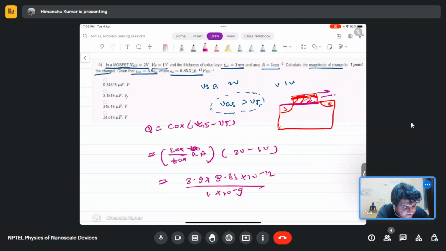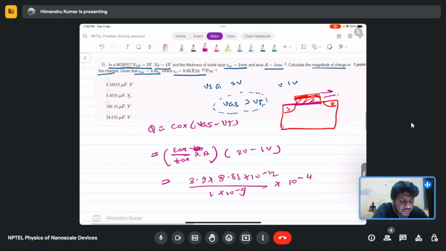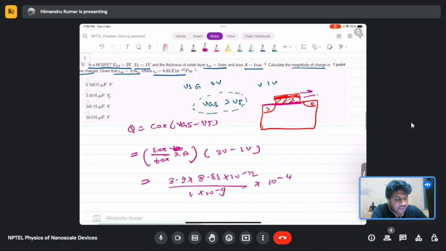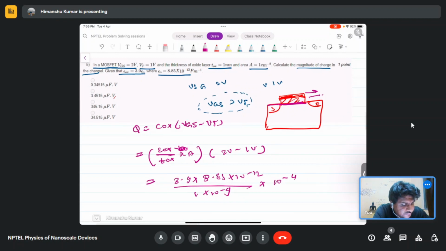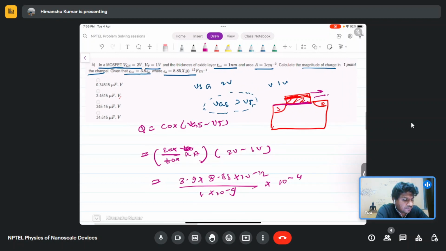The area is 1 centimeter square, so we need to convert it into meter square, which equals 10 to the power minus 4.